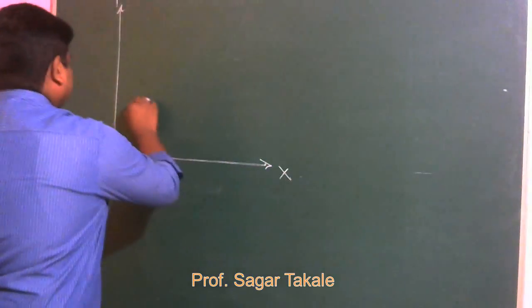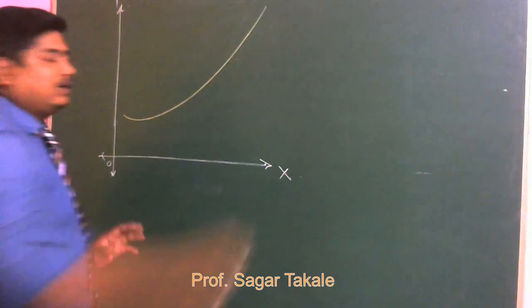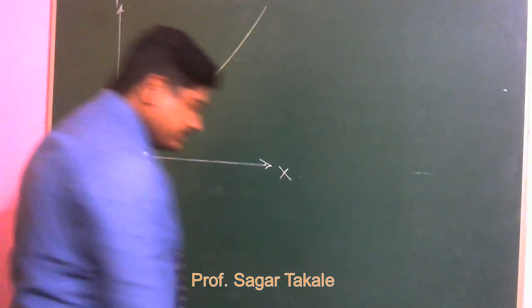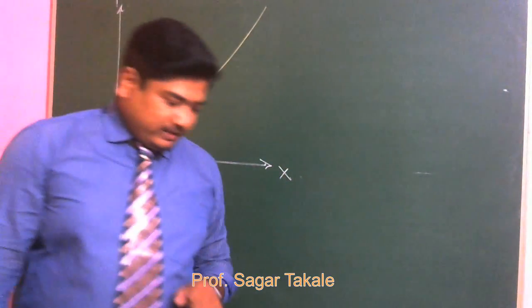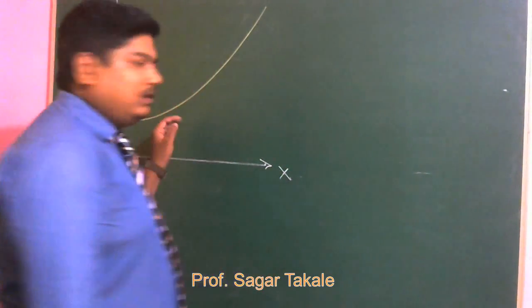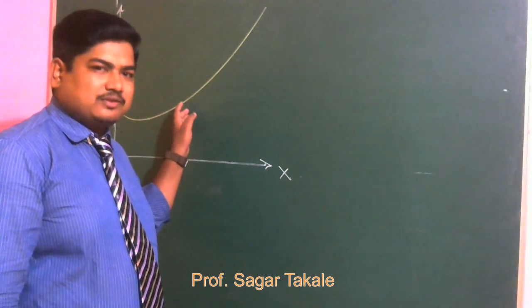I'll draw the curve for an example. Yes, this is the curve, and I want the slope of this equation. Can you tell me, is the slope of this graph constant?